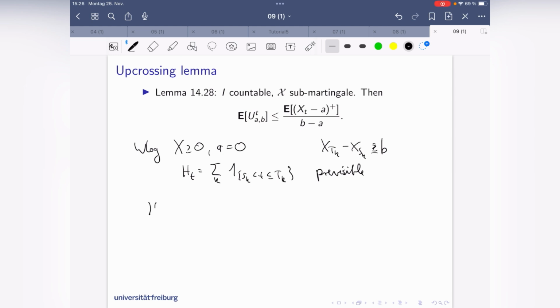Because h is previsible, I can say that h times x is a martingale, and by time tk I have a sum over all s, where this h is 1, from si plus 1 up to ti, of xs minus xs minus 1.